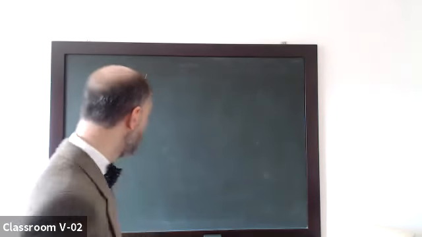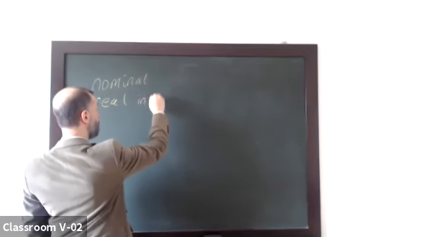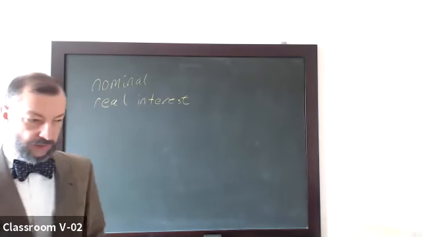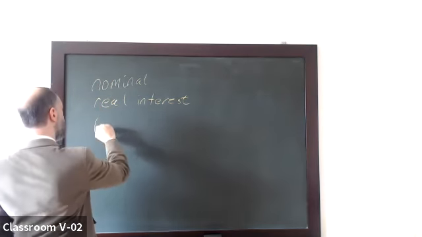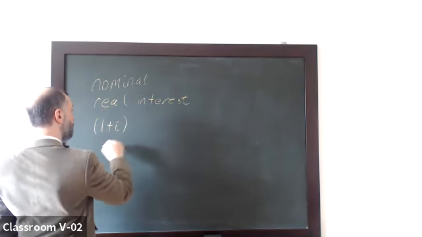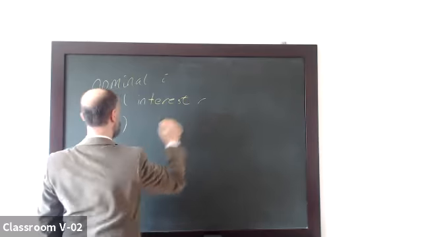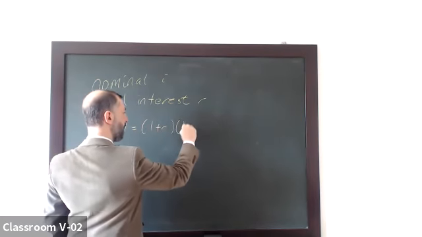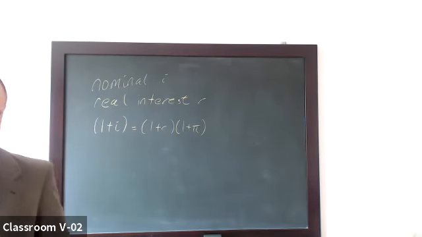The answer to that is the real interest rate, right? And the relationship, as we thought then, is 1 plus the nominal interest rate is 1 plus the real interest rate times 1 plus the inflation rate, okay?